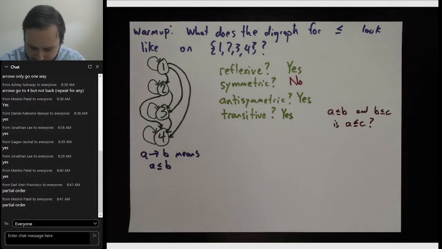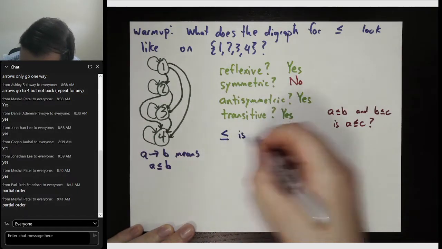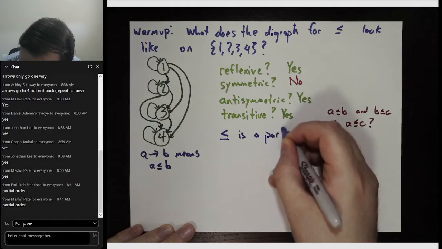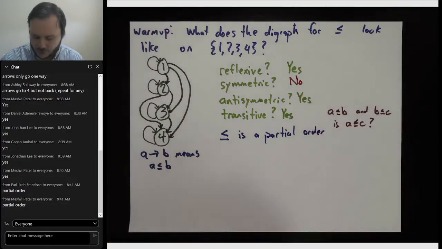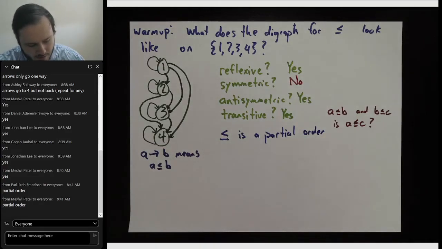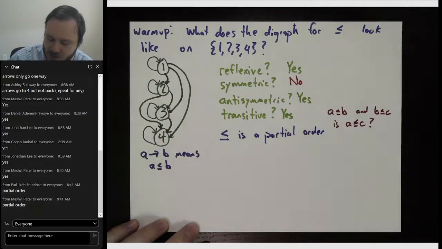So less than or equal to is a partial order. The symbol for a relation that is a partial order is based on the less than or equal to symbol.